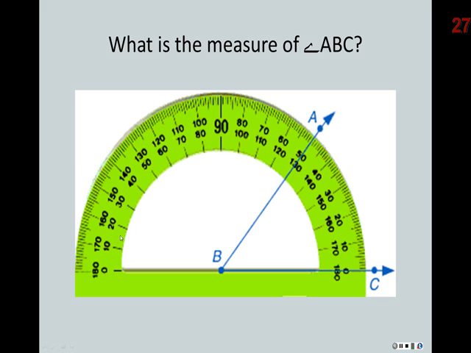So from this 0 to here would be 130. That's not the angle I'm measuring. I'm measuring A, B, C, which is the inside angle to the right, and this angle is 50 degrees. That's how you'll read it. You guys got it? Okay.